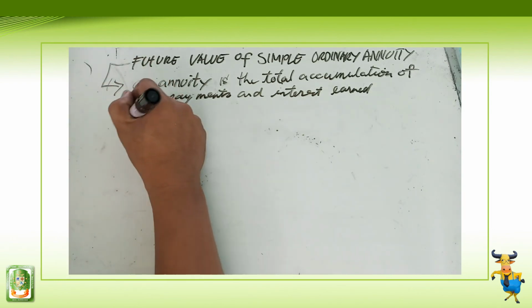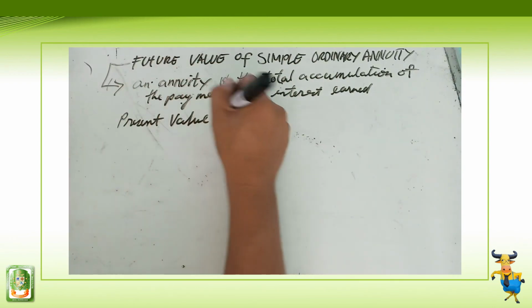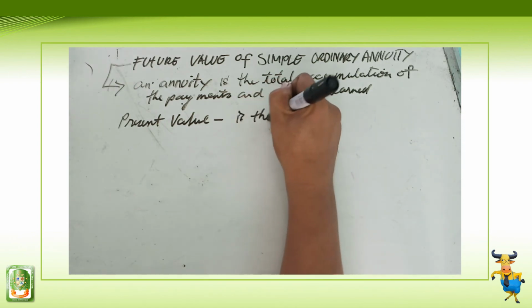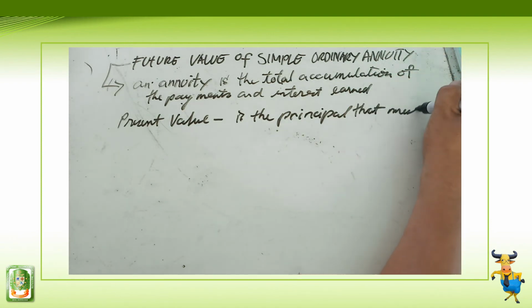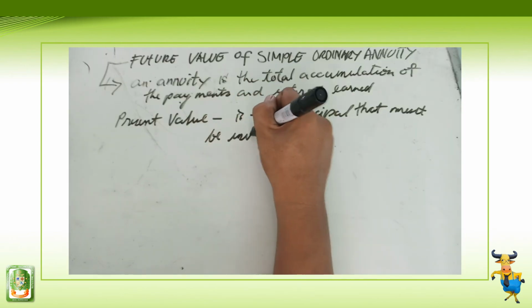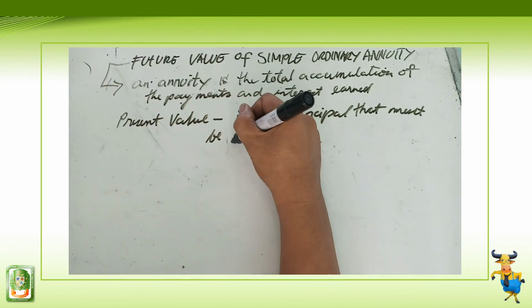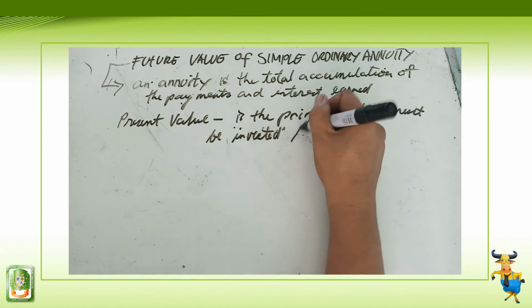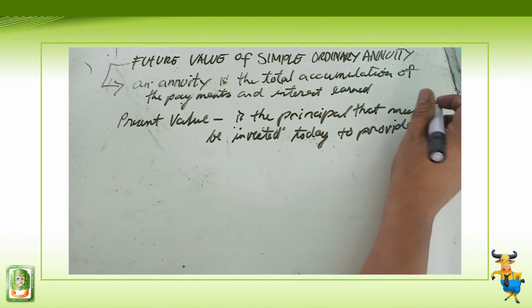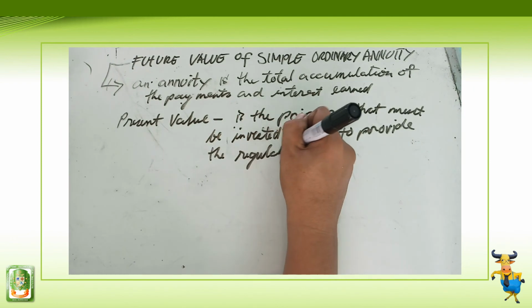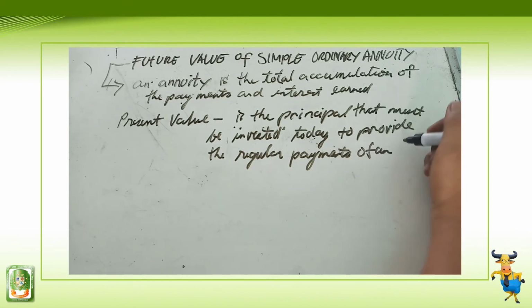How about the present value? Present value of our simple ordinary annuity is the principal that must be invested today to provide the regular payments of an annuity.